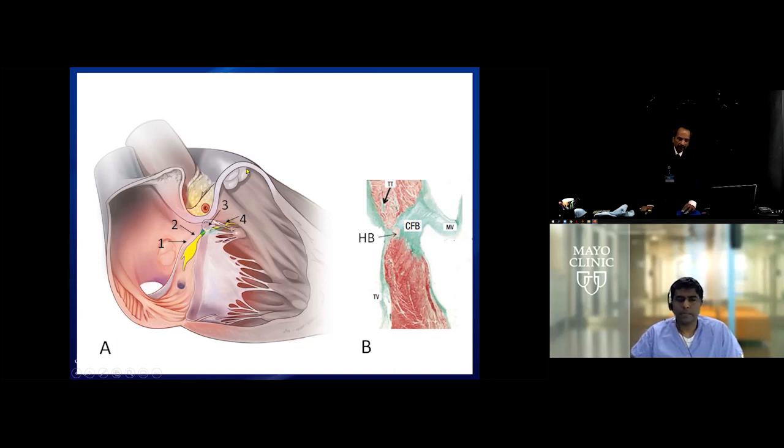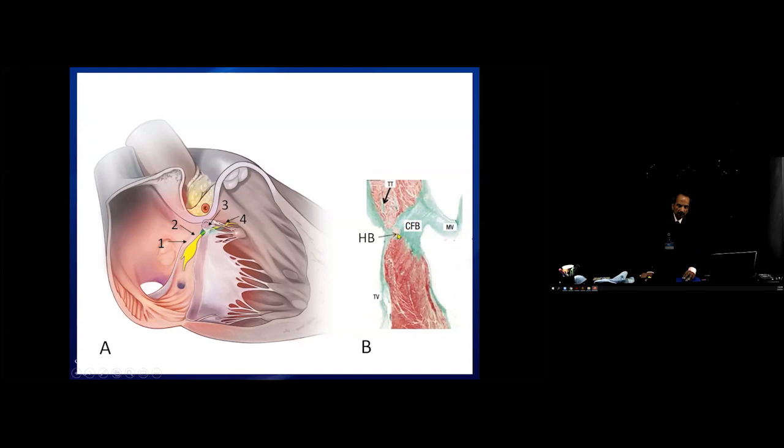Now, if we take a section through here and look at it, what we'll notice is that the membranous septum is a fairly thin structure, and when the His bundle lands on muscle, when it hits the ventricular septum, that's when it's going to separate into the right and left bundles.